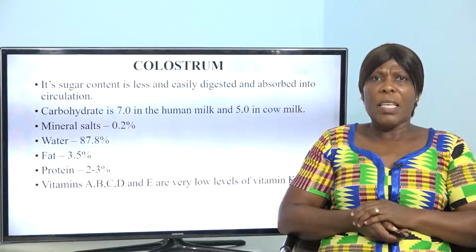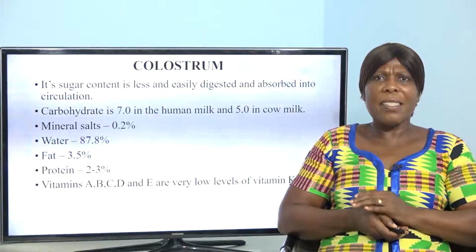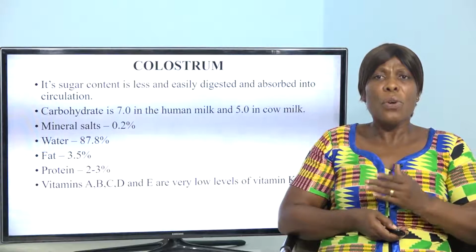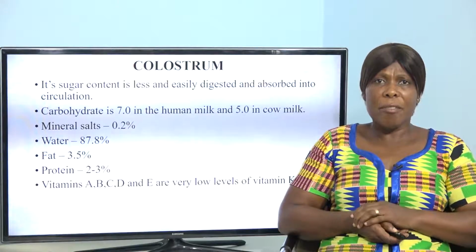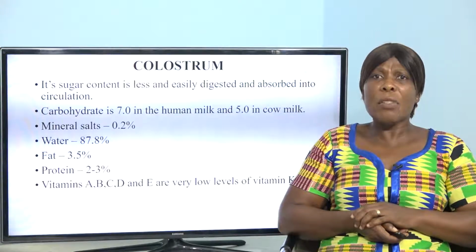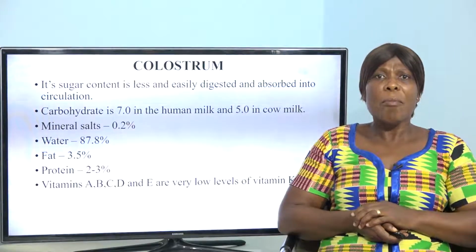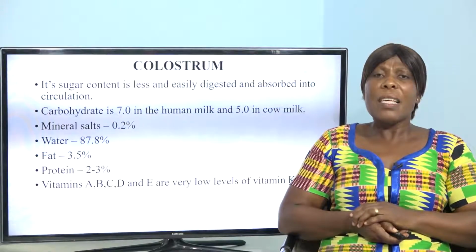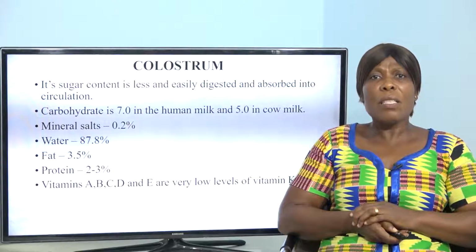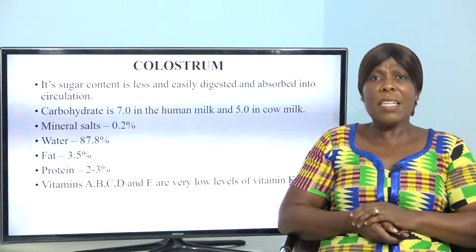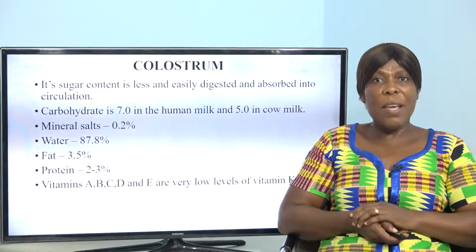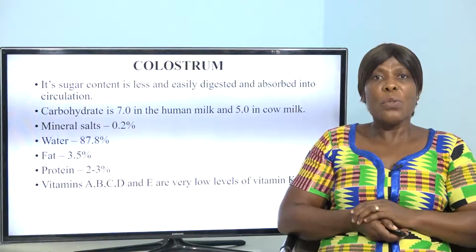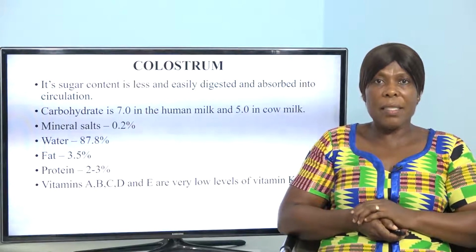Good. Its sugar content is less, and it is easily digestible and absorbed into the tissue or circulation very fast. Carbohydrates in the colostrum is 7%, mineral salts 0.2, water content 87. And that is why we are saying that the baby is not supposed to take in any other food or water at birth except the breast milk, because the water content is enough to satisfy the baby's thirst.